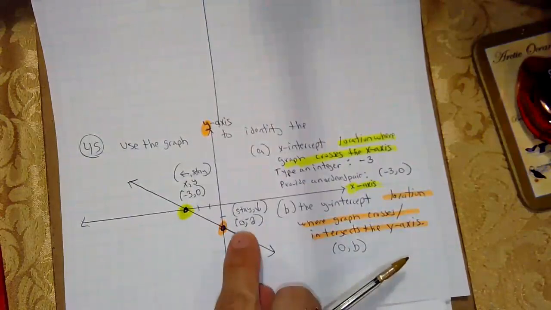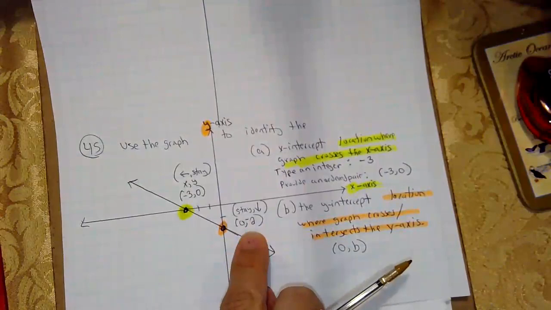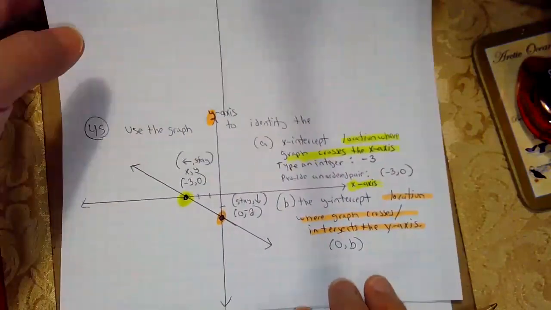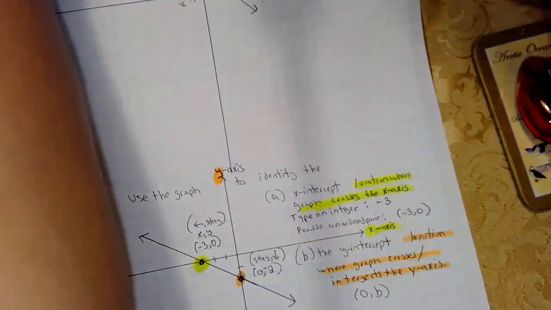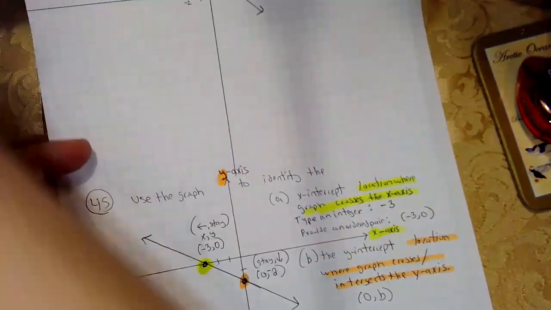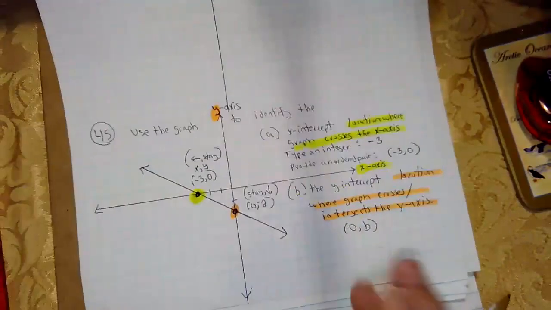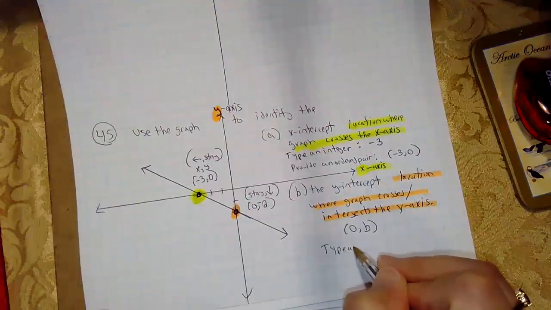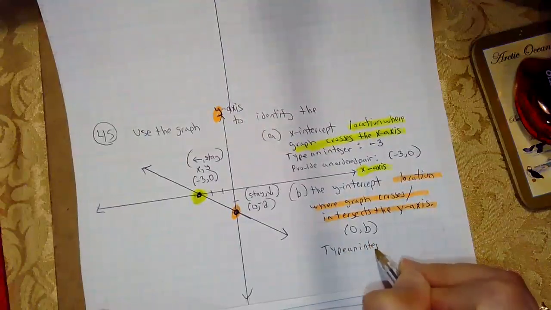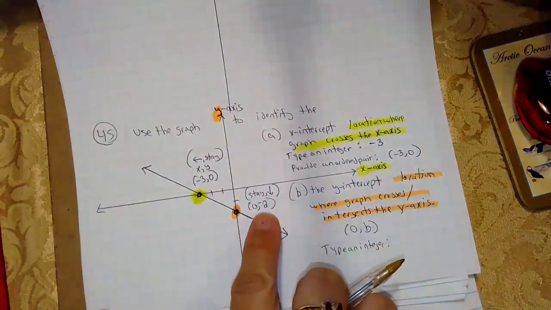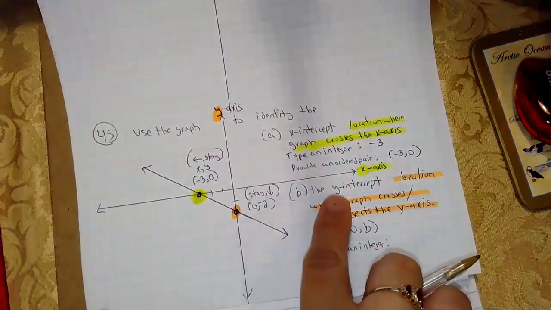And so 0, -2. And so here they want you to type an integer. So the integer, like, well, do I type 0 or -2, what's the integer? Well, they want the y.